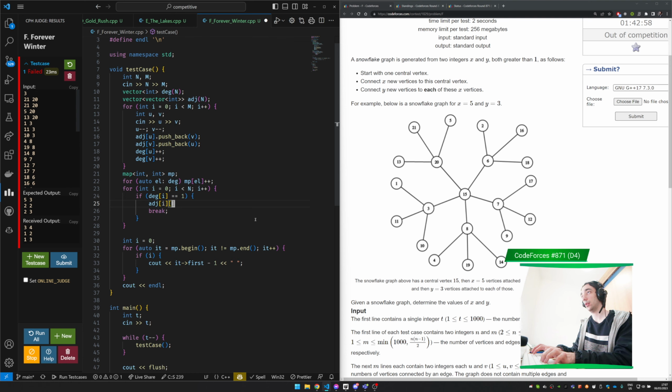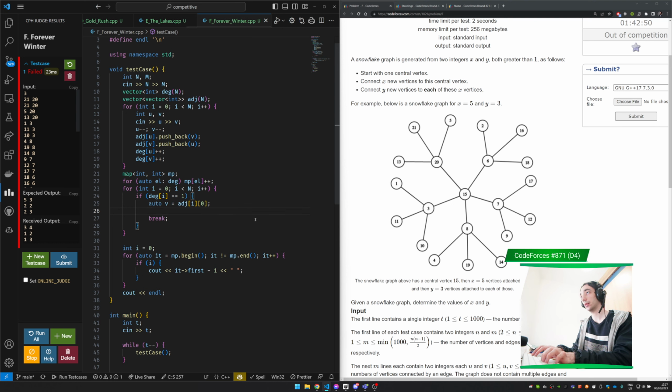Let's remember the edges as well. Adjacency at E at 0 gets me to, let's say, some V node, right?